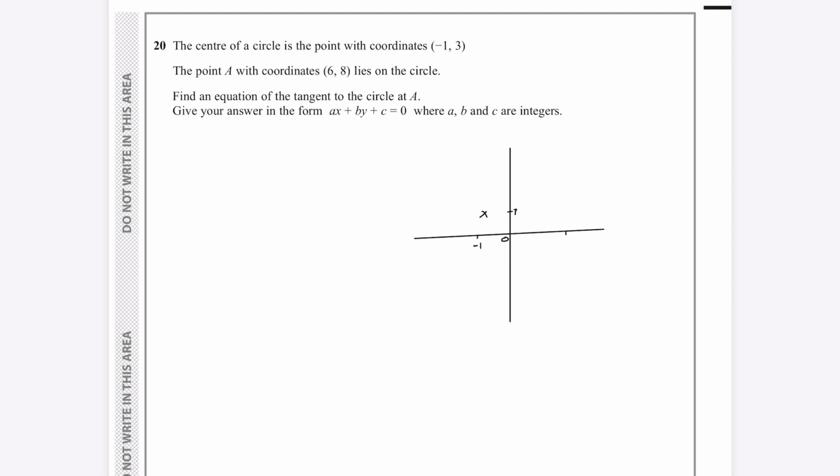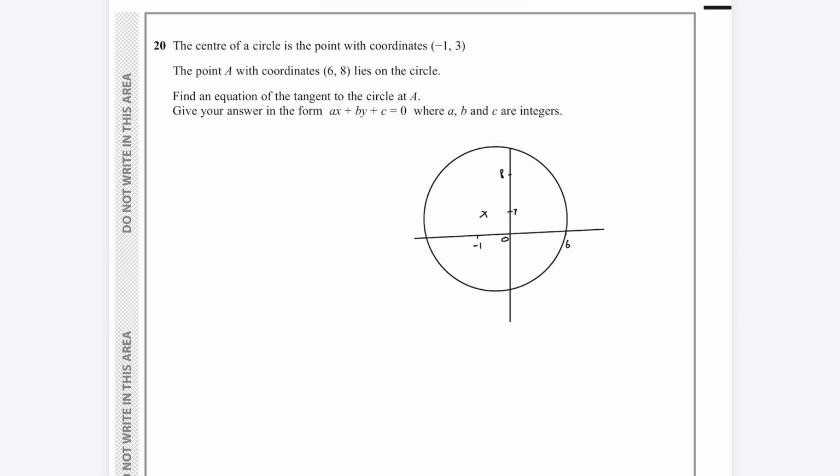And then we have somewhere along here, we have 6, and then we have 8 somewhere along there. Then if I draw the circle, perfect, and the center of the circle is roughly somewhere there.